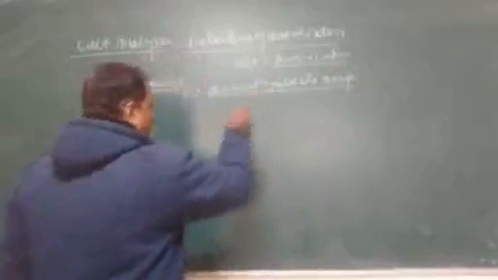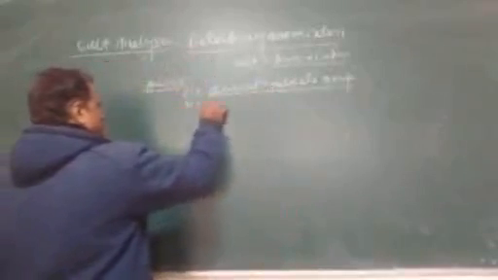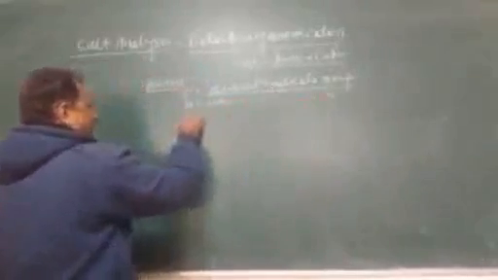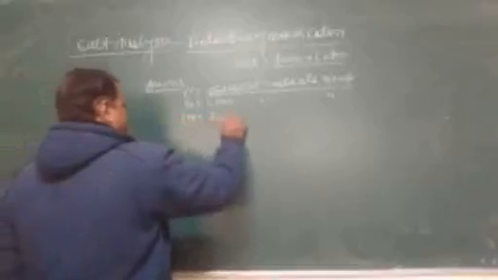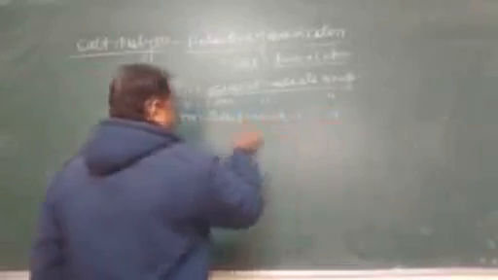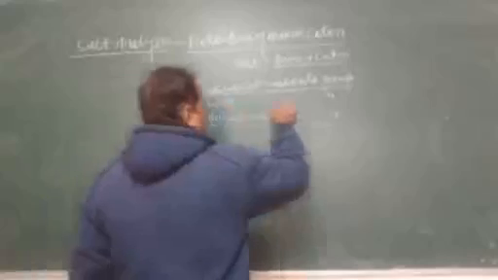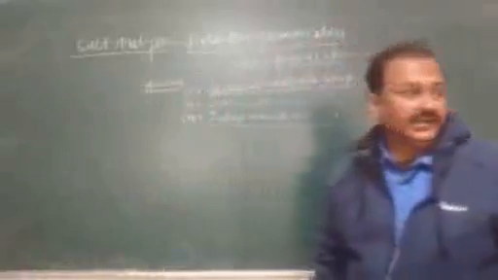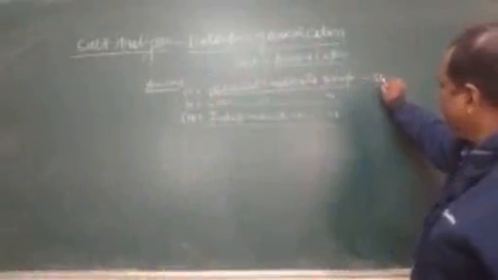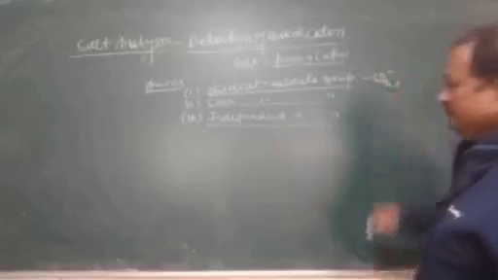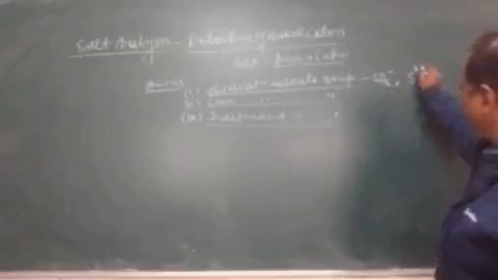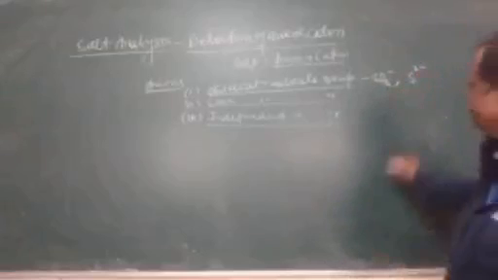Now, the first is dilute acid radicals, the second is the concentrated acid radical group, and the third is the independent radicals group. So there are three groups of the anions, the acid radicals. The dilute acid radical group includes sulfide, sulfite.